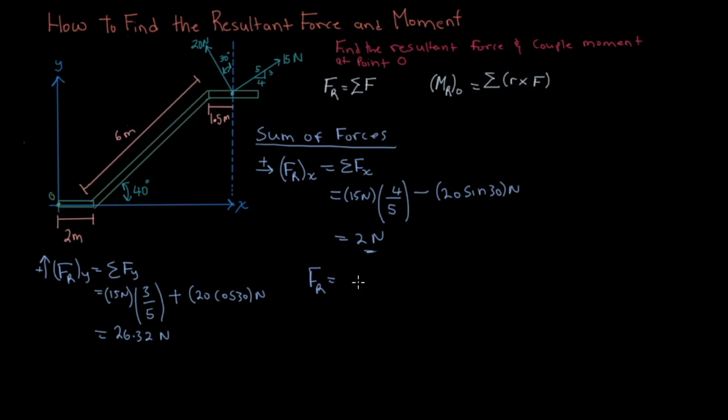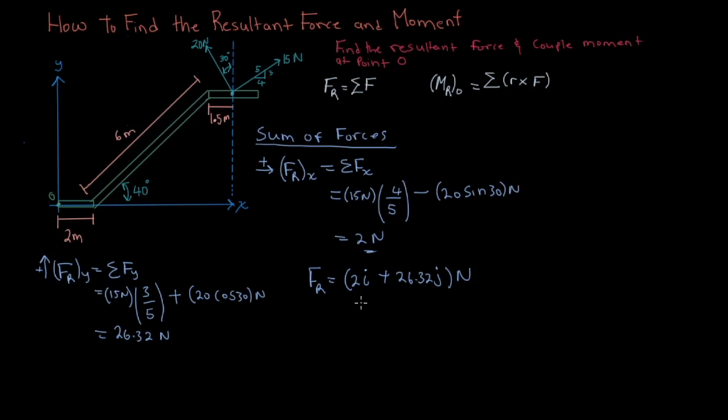It has an x component, which is 2 newtons. So we'll write 2, and then we'll put an i, which represents the x coordinate, plus the y coordinate, 26.32 j newtons, and this would be sufficient.